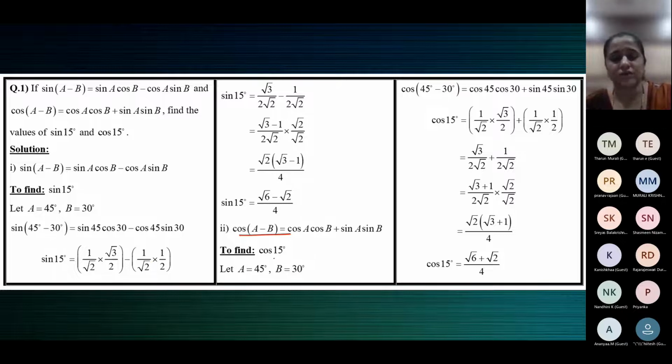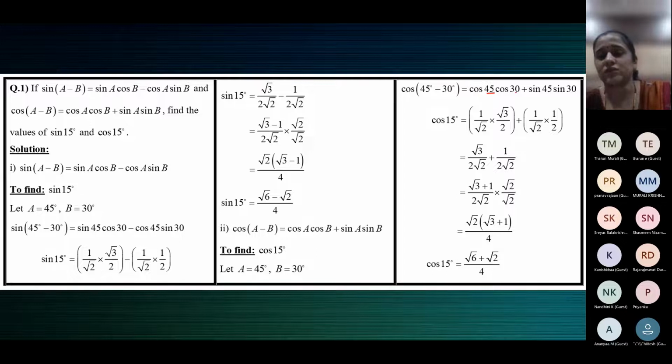Similarly, using this formula, we are going to find the value of cos 15 degrees. Note that if you use 45 and 30 here, you need not use 45 and 30 only here. Nothing like that. You can use 45 and 30 here, and you can use 60 and 45 here. You can change the values of A and B. So same thing.